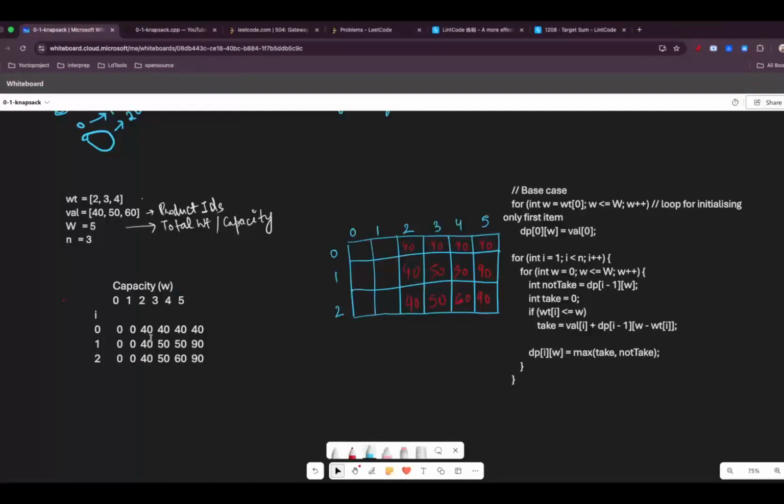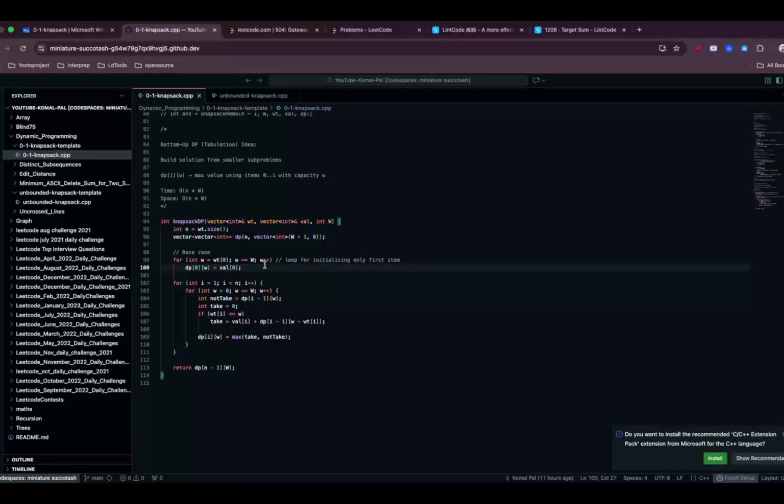Basically we assigned all of that with 40, because we already know that this 2 is lesser than this 5. Because of this condition, we already know that this weight is lesser than or equal to the maximum weight, so we just assign it.